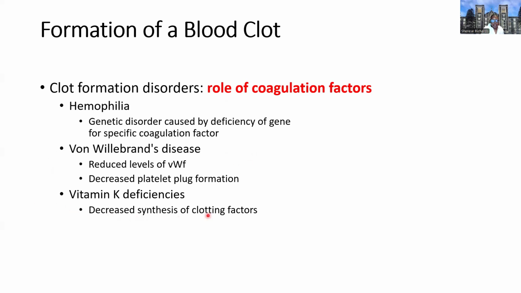And then vitamin K deficiencies. Vitamin K is very important as a precursor to making these cofactors, and it is itself a clotting factor. So decreased synthesis of clotting factors can occur if we have a deficiency in vitamin K, one of our fat-soluble vitamins. So these are some of the clinical connections to the importance of blood clotting and the role of the coagulation factors.